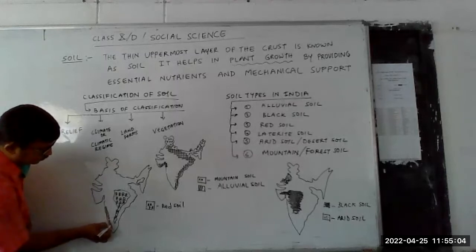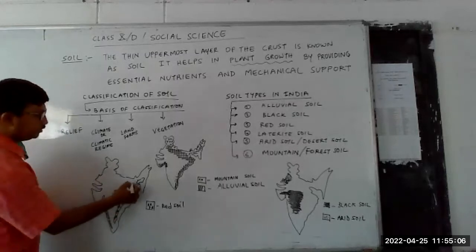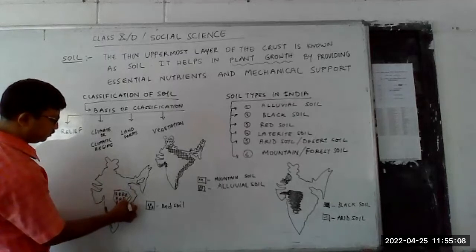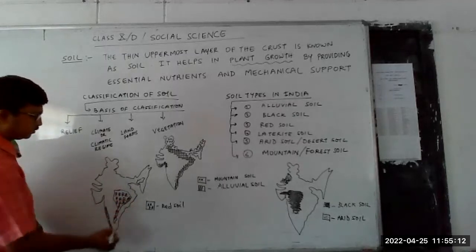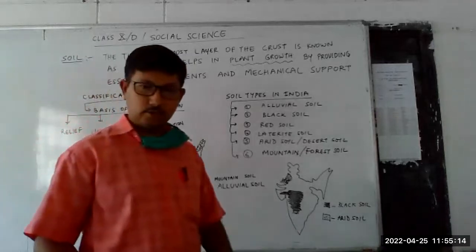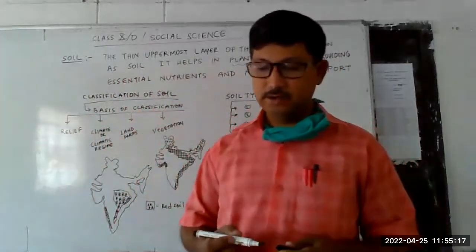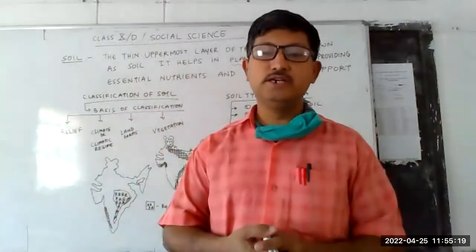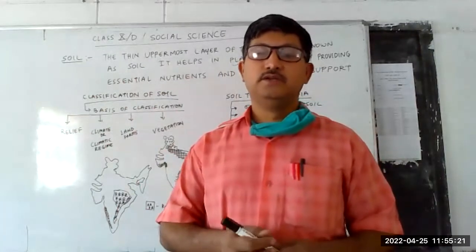So I'm marking it with another color scheme here also. Red and laterite soils are very closely associated with each other, very closely located also.